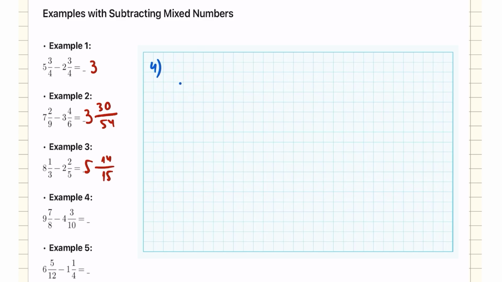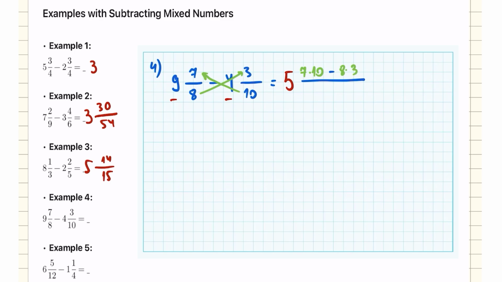Now the fourth one, we have 9 and 7 over 8 minus 4 and 3 over 10. We subtract whole numbers, we get 5, and then we are seeking the common denominator, so we multiply first 7 times 10 minus 8 times 3, and then the common denominator is the product of 8 and 10, 80.